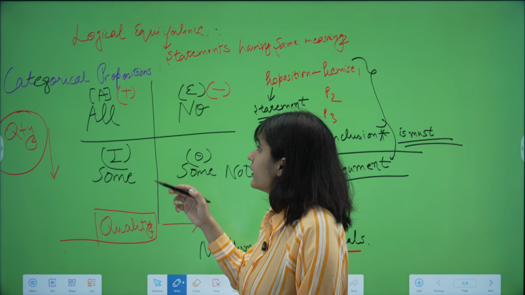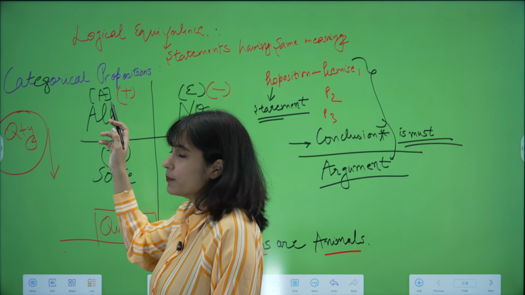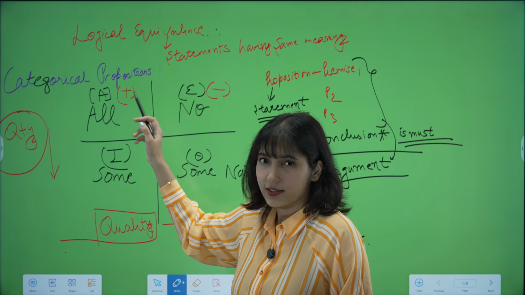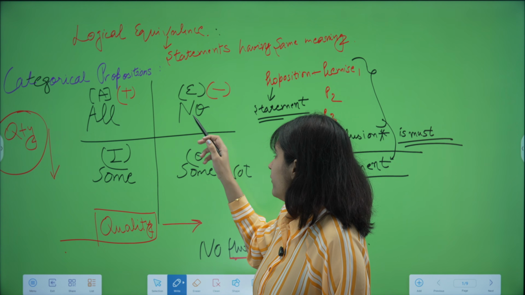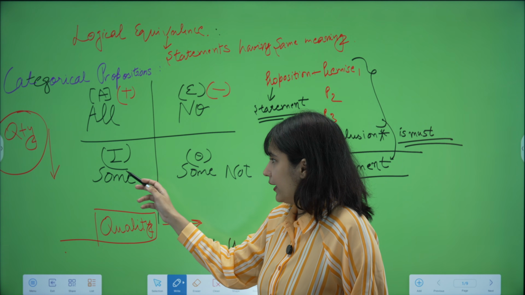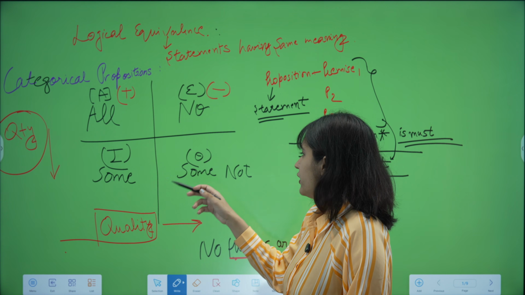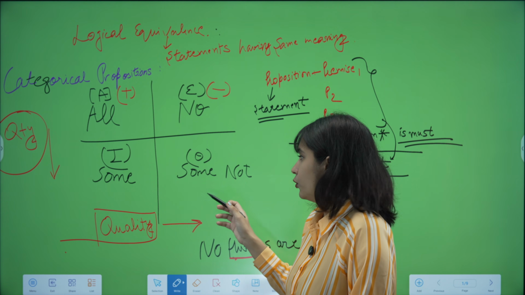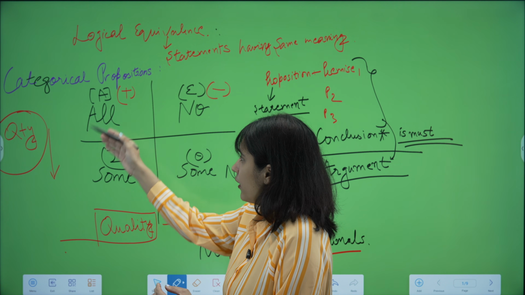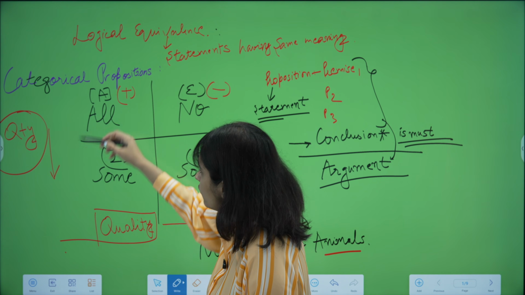Moving ahead with the types of categorical propositions that we have: all is represented by A, then we have no, which is represented by E, then we have I, which represents some, then we have O, which represents some not.